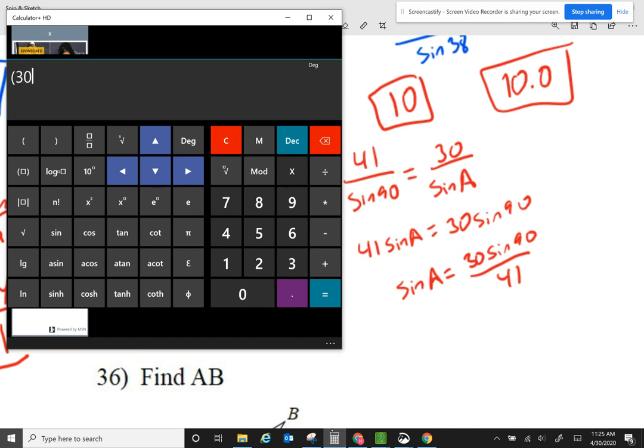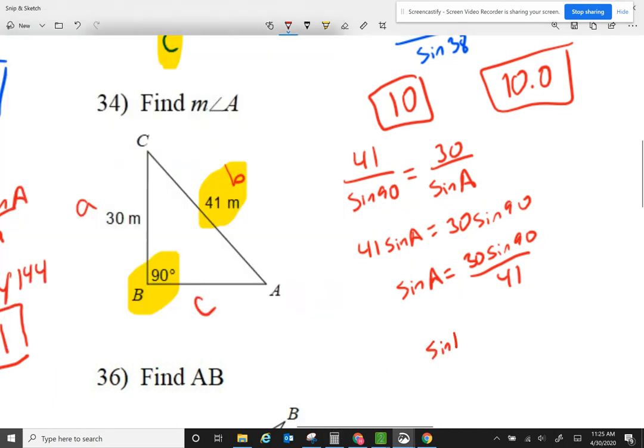On the top, I'm going to go 30 times sine of 90. Make sure that's what I have. Okay, good. Divided by 41. So sine of A, I have this 0.731707. I'm going to do at least 6 digits. That's sine of A.